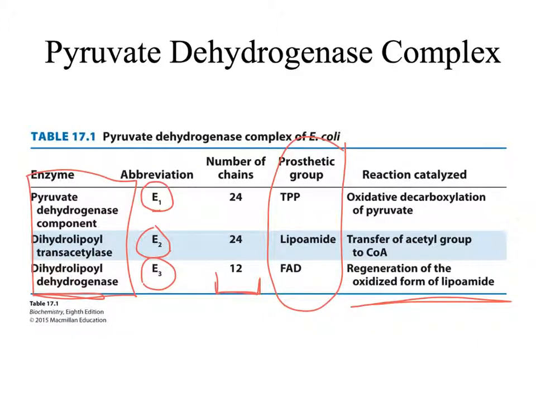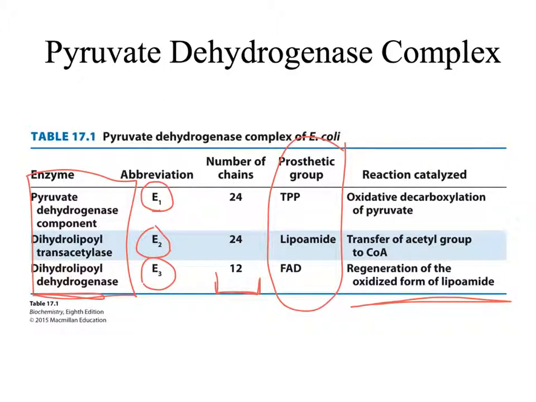Now, what we're looking at is the pyruvate dehydrogenase complex that exists in E. coli. This is a simplified version so that we can better understand what's going on. Under aerobic conditions, pyruvate will be transported into the mitochondria by a carrier protein embedded in the mitochondrial membrane, and that carrier protein is part of that pyruvate dehydrogenase complex.